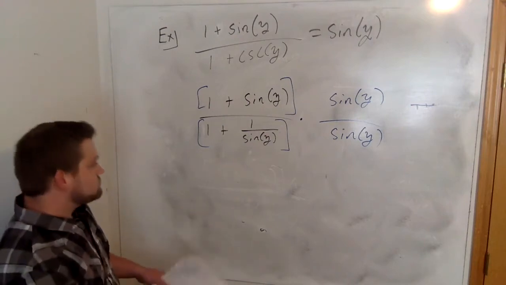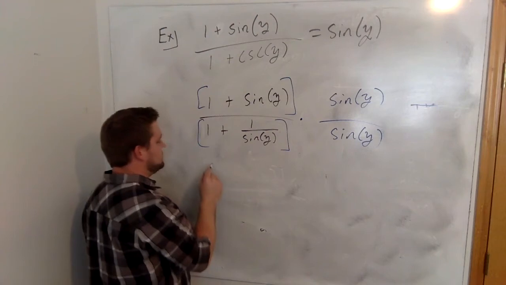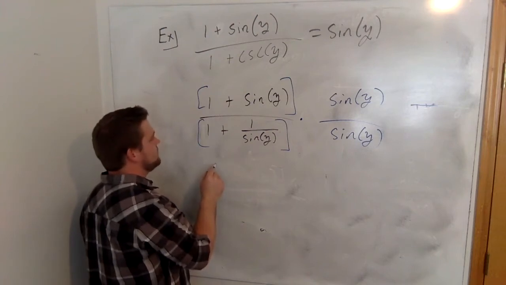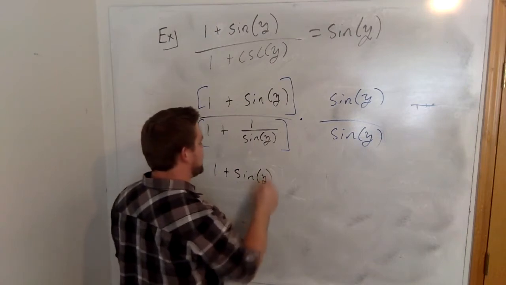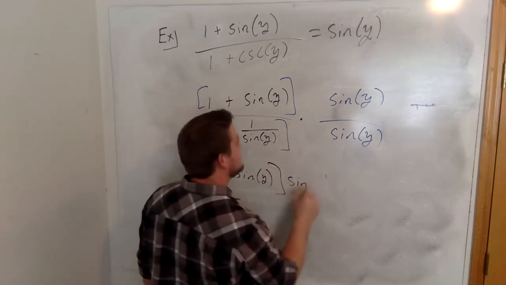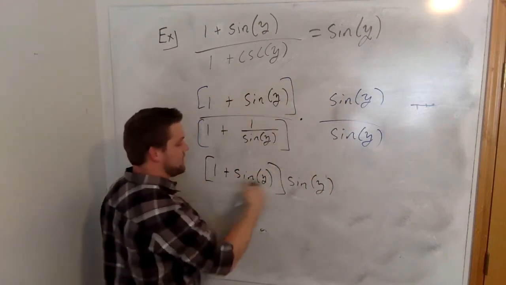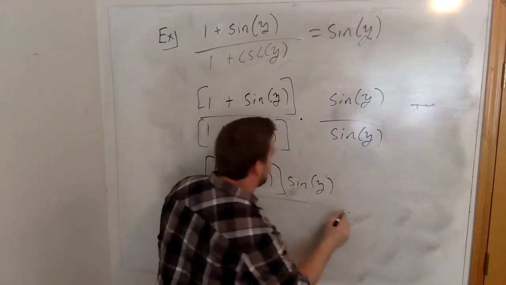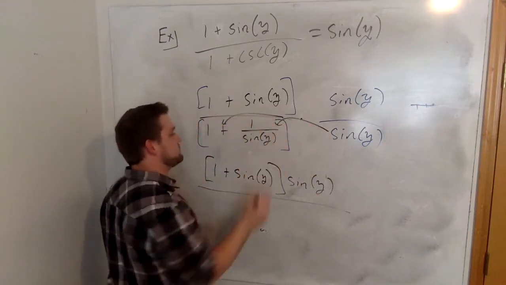I'm actually going to not distribute in the top one. Let's leave this as 1 plus sine of y. And I'm going to keep the sine of y, so I didn't distribute the sine of y into the numerator. I just kept it in terms of multiplication. All over, but I want to distribute this sine of y in because I want to get rid of this fraction.